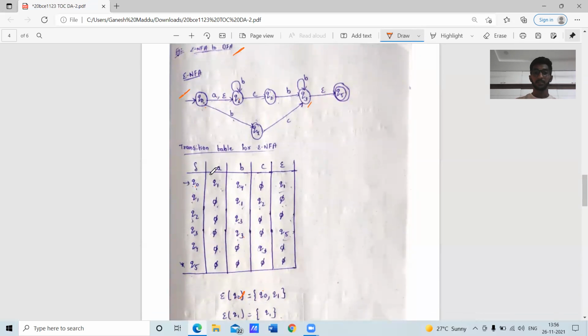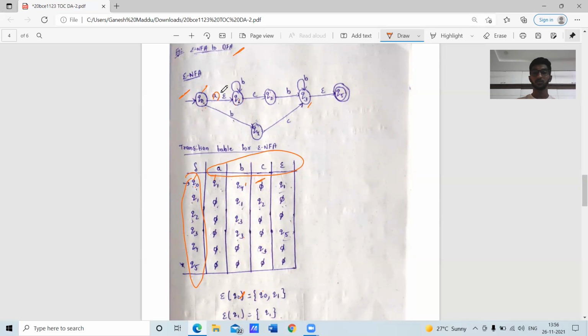Here, take all the input symbols and all the states. Q0 is the starting state. From Q0 by using input symbol A, we are getting Q1, so include Q1. From Q0 with input symbol B, we are getting Q4, so write Q4. From Q0 with C, there is no transition, so null set.